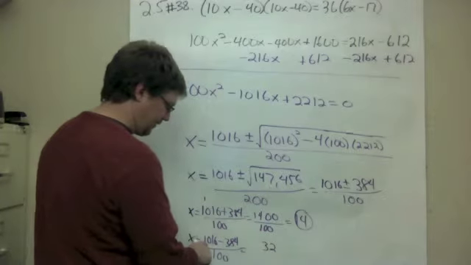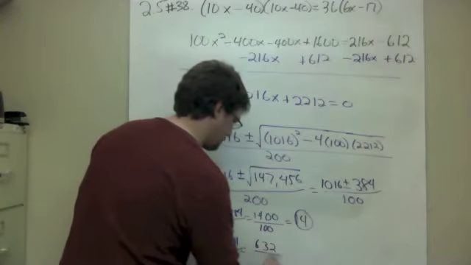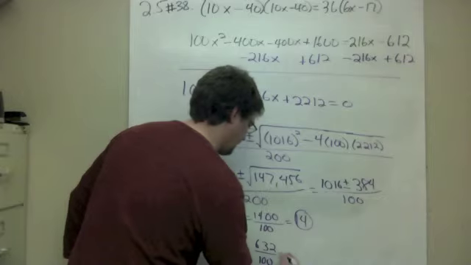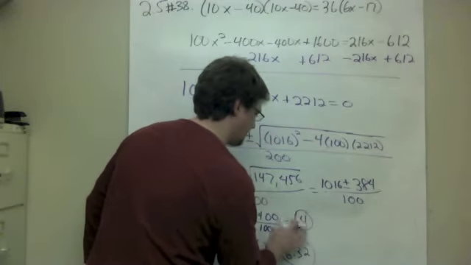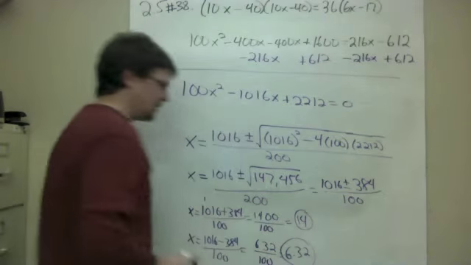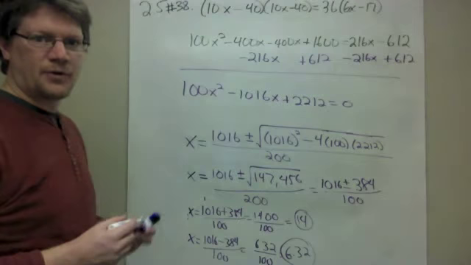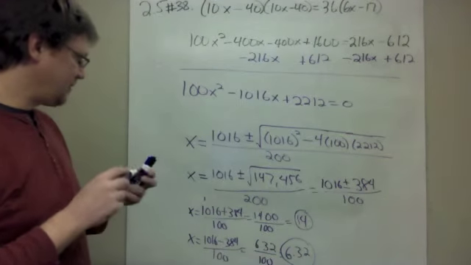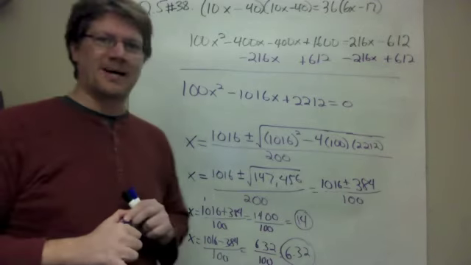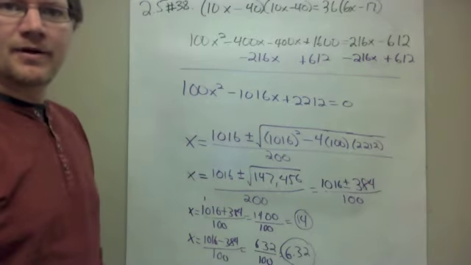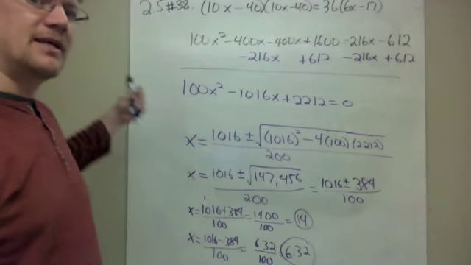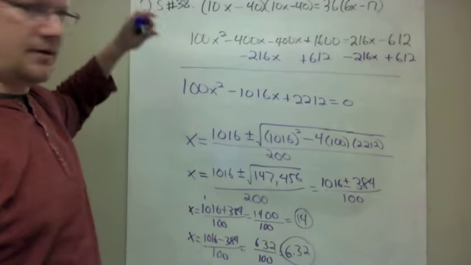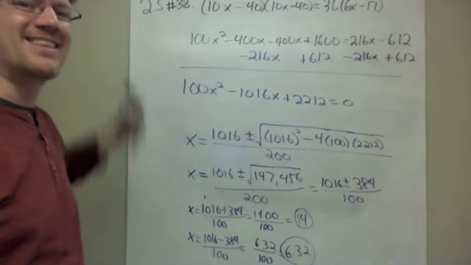That takes that down to a 9. 9 minus 3 is 6. 632 over 100 equals 6.32 on the minus side. Okay? So 14 on the plus side, 6.32 on the minus side. And there we go. Couple steps. But the key is, at each step, figure out what we need to do to make the thing simpler.